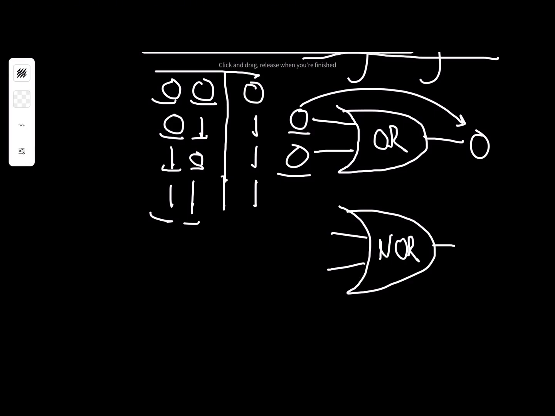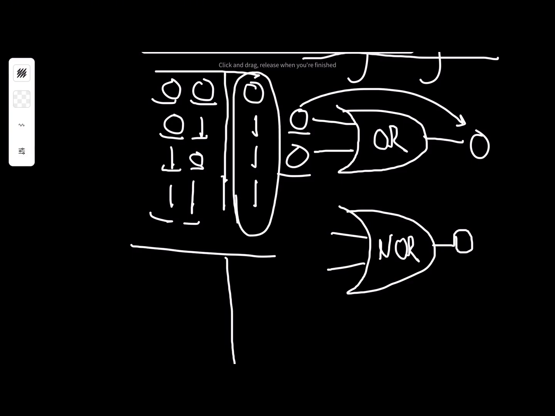So let's draw this truth table again, but the exact opposite. We're just going to take the outputs and draw their opposite. So 0, opposite is 1, opposite of 1 is 0, opposite of 1 is 0, opposite of 1 is 0. And we're going to count up in binary on this side.